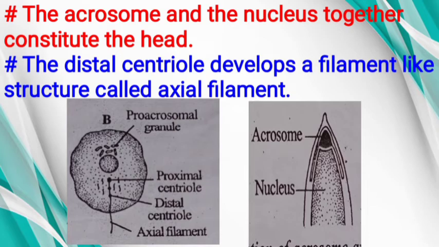Here, see this point, the last of the 3 points is the distal centriole. It develops a thread-like structure, or filament, that we call the axial filament.